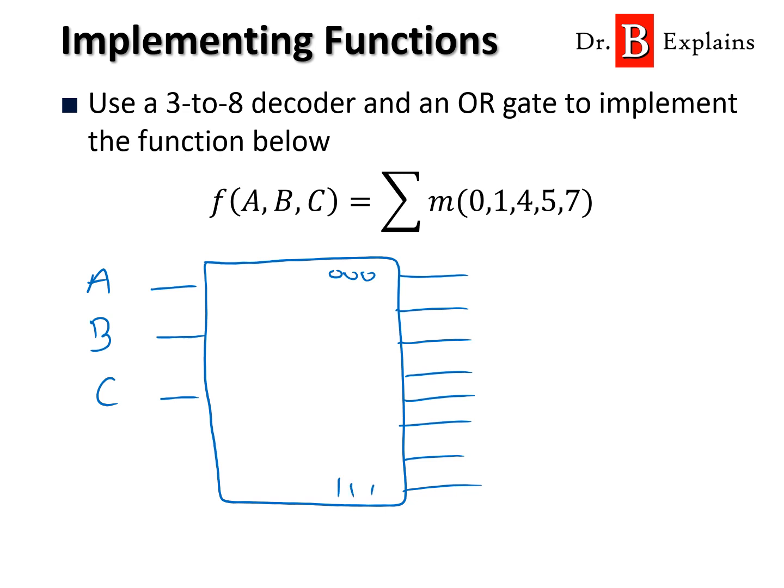That's a 0, 1, 2, 3, 4, 5, 6, and 7, from 0 to 7.